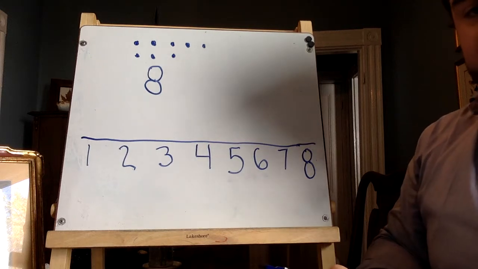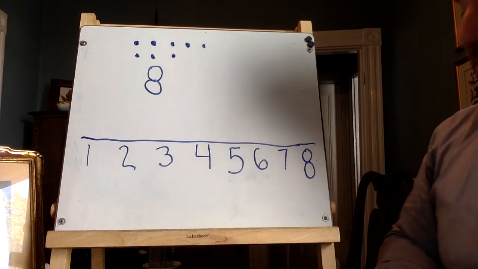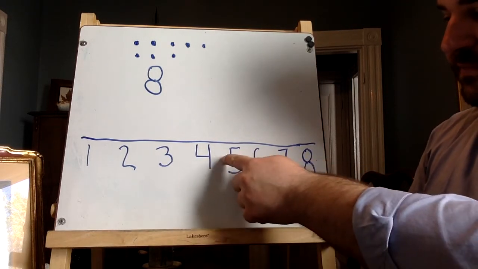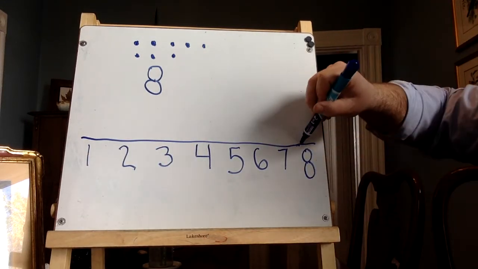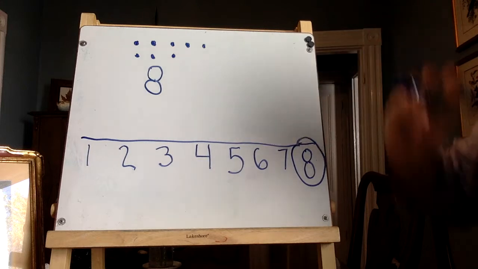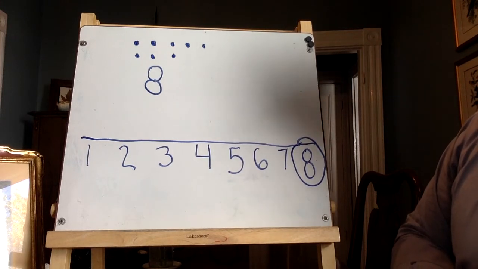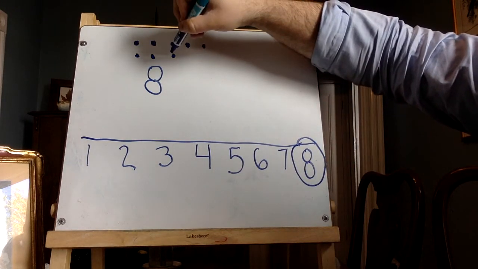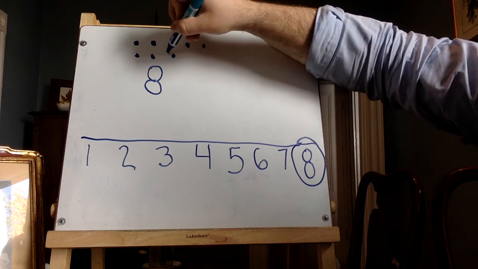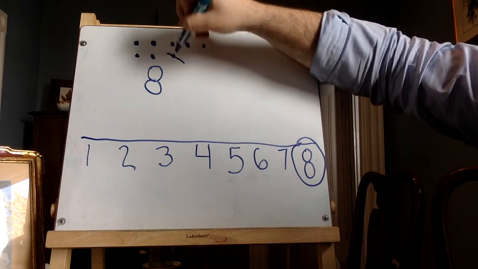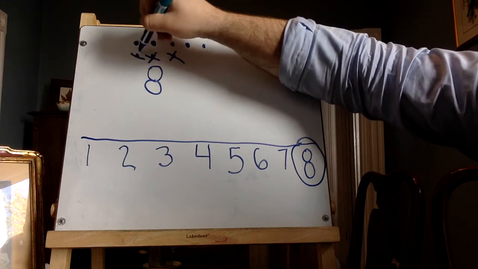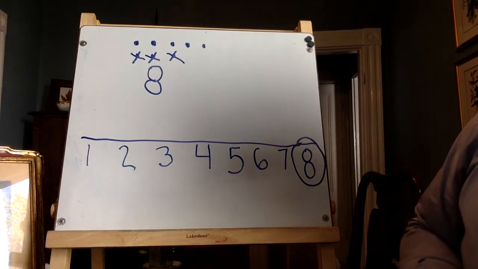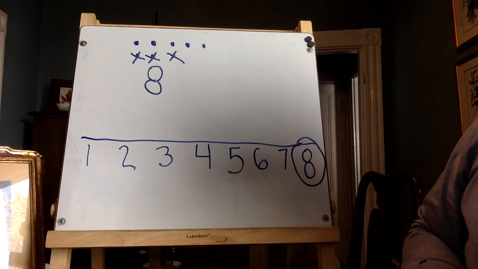Doesn't have to be perfect, as long as you have the numbers there, but they have to have space in between. So if I have 8, I'm going to circle my 8. And then I'm going to put an X on 3. 1, 2, 3. So I had 8, and I put an X on 3.